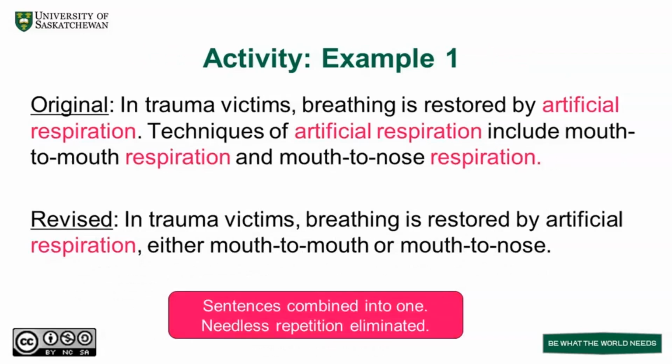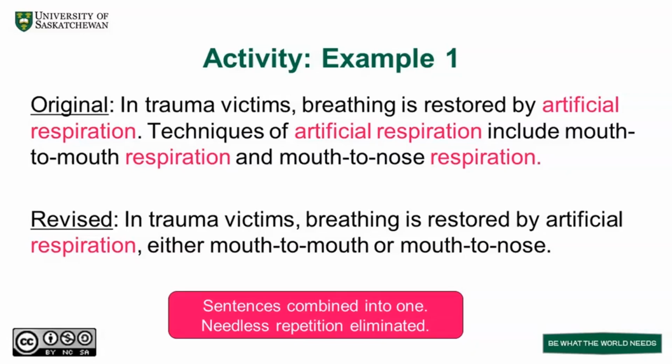So in that original, we see the same word appear frequently. Respiration comes up a lot in that original. In trauma victims, breathing is restored by artificial respiration. Techniques of artificial respiration include mouth-to-mouth respiration and mouth-to-nose respiration. We could revise this by removing those redundancies and simply state, in trauma victims, breathing is restored by artificial respiration, either mouth-to-mouth or mouth-to-nose.